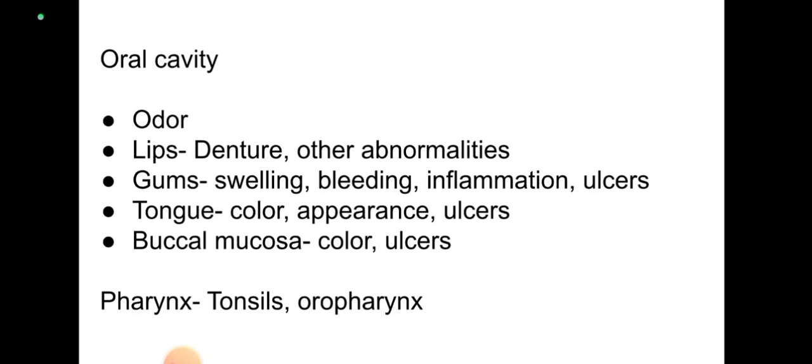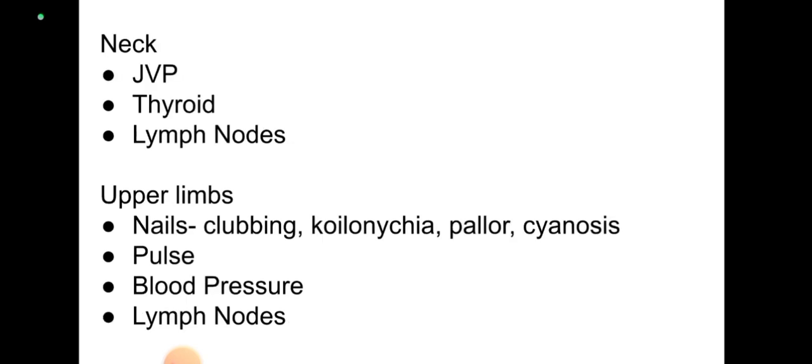Then pharynx is checked for tonsils, oropharynx. In neck, we see JVP, which we just read, then thyroid, lymph nodes, cervical lymph nodes.